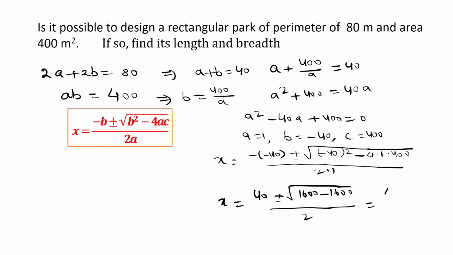They cancel out each other and we get 40 plus minus 0 over 2. So by taking positive and negative sign, we get the same value, 20 and 20. So there are two equal roots, 20 and 20. So the answer is yes, it is possible to design a rectangular park with the given parameters, and its length would be 20 and breadth will be 20. In fact, it is a particular type of rectangle, that is a square.